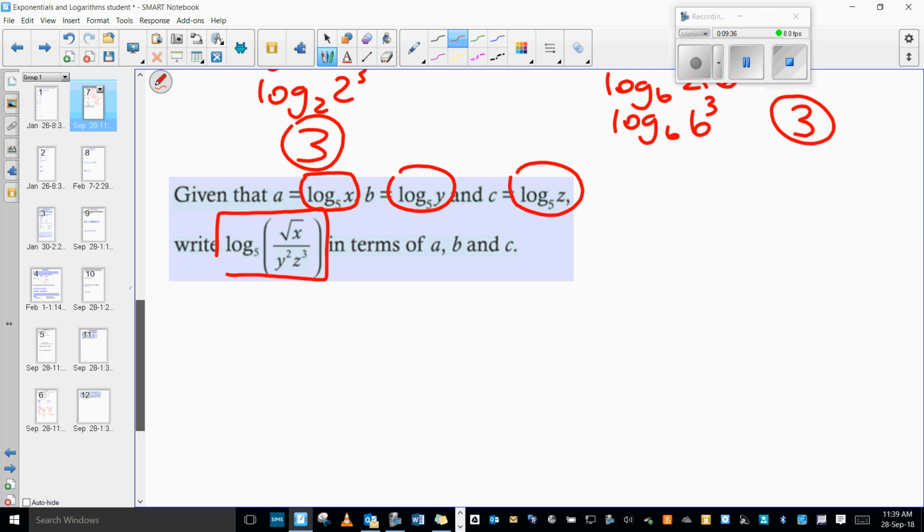So, any suggestions what we might do first? Would it be 2 log 5x?